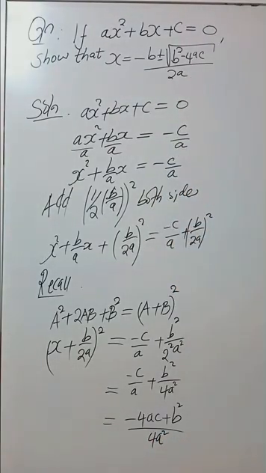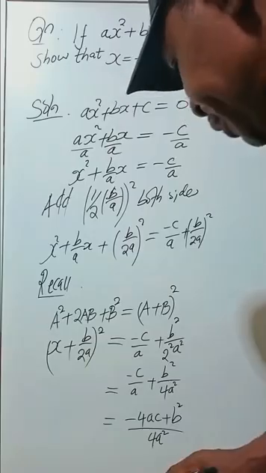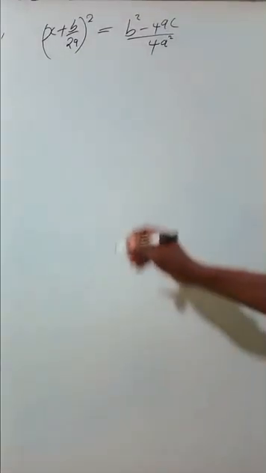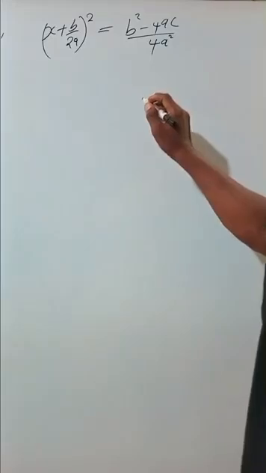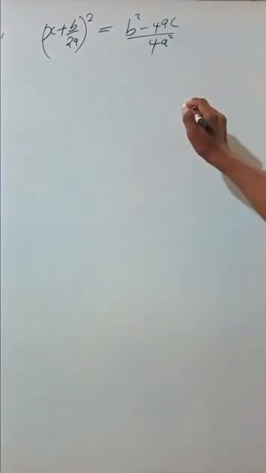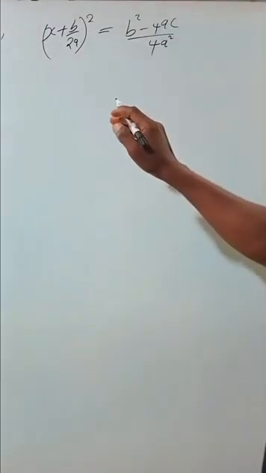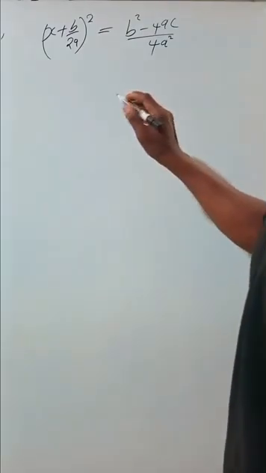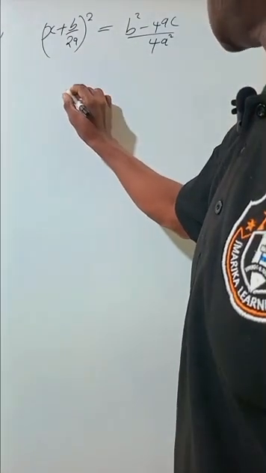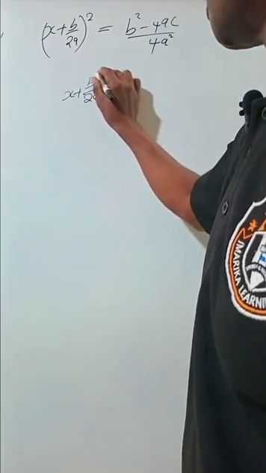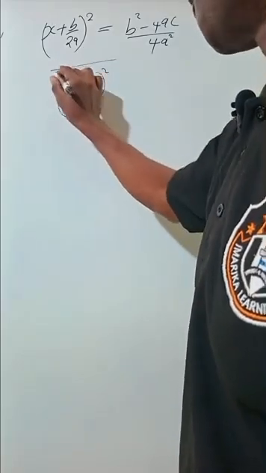So in other words, now the whole expression, that is the left-hand side and the right-hand side, will become, taking the square root of both sides, this is what we shall have. We shall have x plus b over 2a, this one squared, we take the square root.